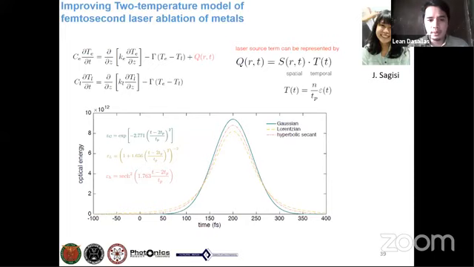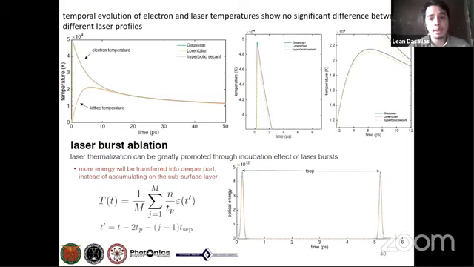Now, what will happen if it's not Gaussian in nature? So we have a Lorentzian and hyperbolic secant beam profile, and as expected, they look like Gaussian. However, we think that the differences in the profile of the intensity will manifest itself if we have a larger number of pulses in the ablation part.